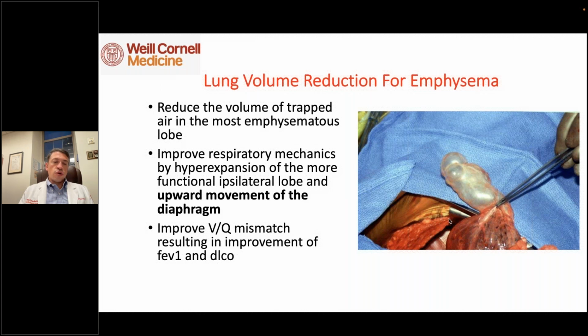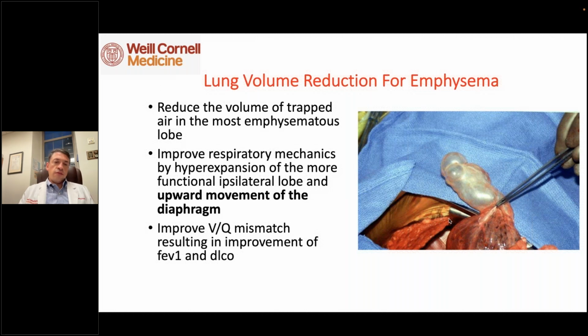One of the important goals of the procedure is for the diaphragm to move upwards, which will correlate with improvement in the mechanical degree of hyperinflation.